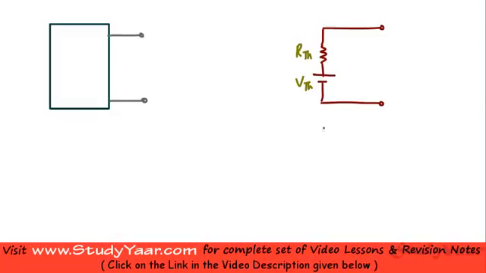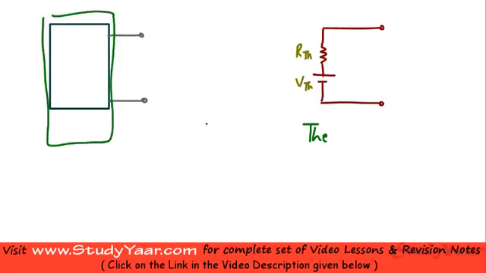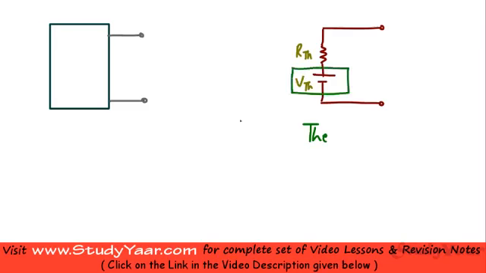Let's revisit the Thevenin's equivalent circuit. If we have a network, then that network is equivalent to VTH, which is your open circuit voltage across these two terminals, in series with RTH, which is given by your VTH upon your short circuit current.